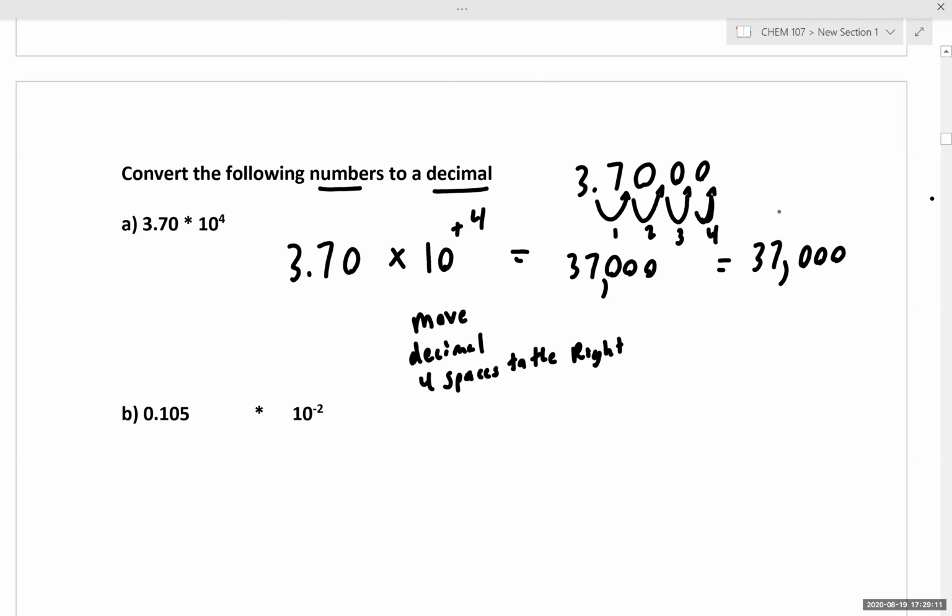One nice way to check your work is you can count the total number of digits past your decimal point, and that allows you to check that you've moved your decimal point correctly. Does this look familiar from Monday's lecture? Okay.